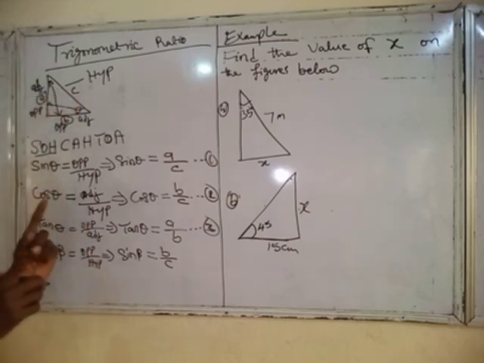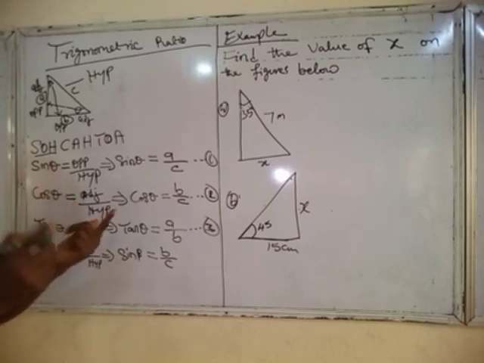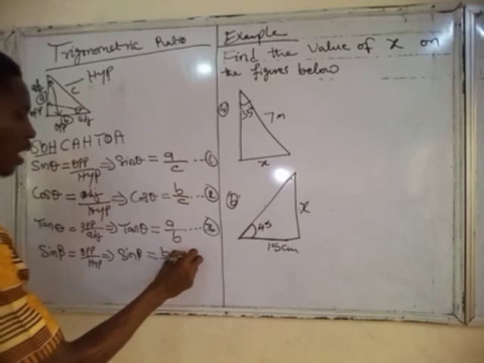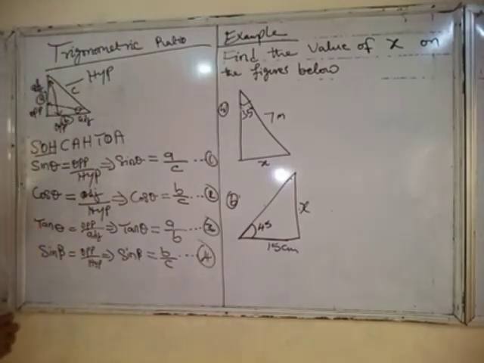It remains constant. Of course, by Pythagoras rule, you should know that the hypotenuse never changes. So this is our fourth ratio.